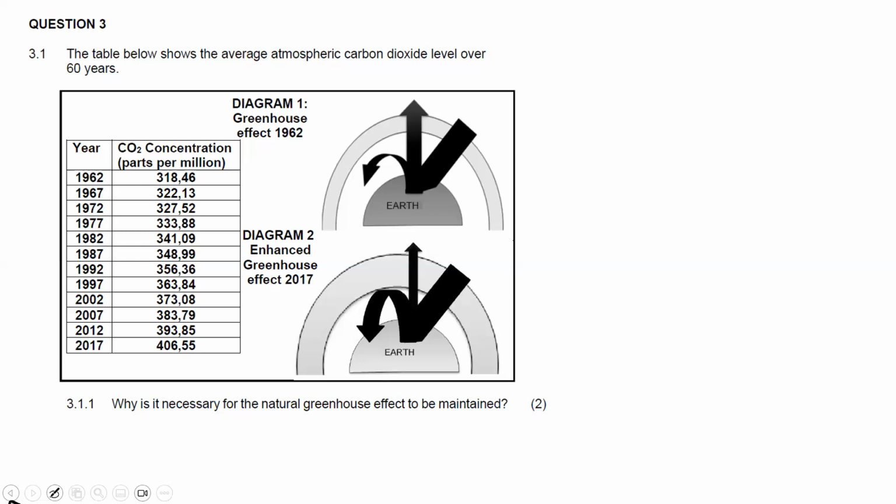If you look at question 3, for instance, the table below shows the average atmospheric carbon dioxide level over 60 years. I'm sure that you have already seen this, but we'll discuss this now.